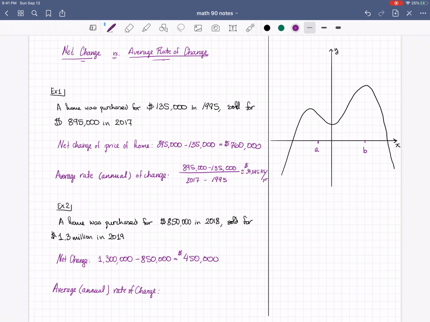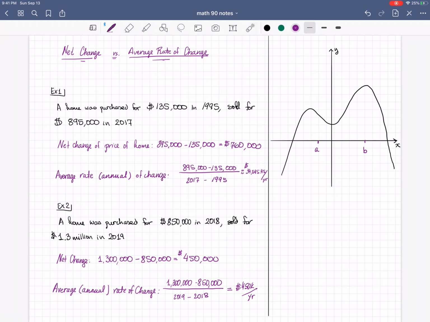And look, if you look at the difference between the purchase price and the sale price over the length of ownership, this home ended up making the owner $450,000 in 1 year.